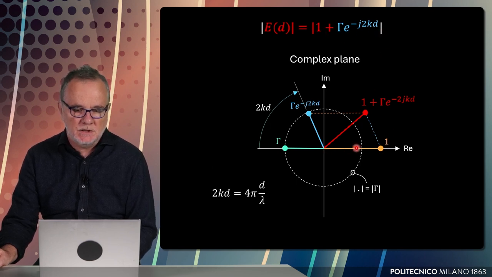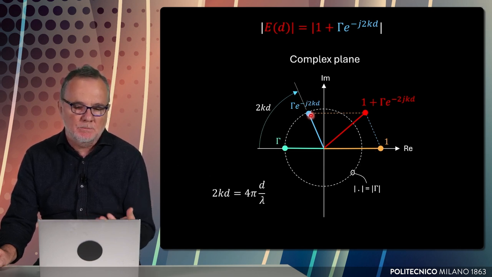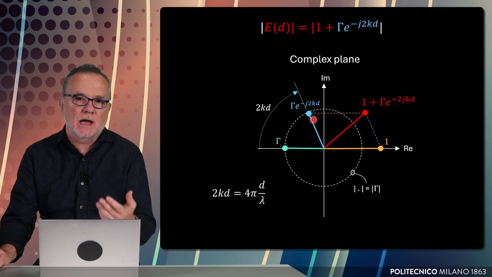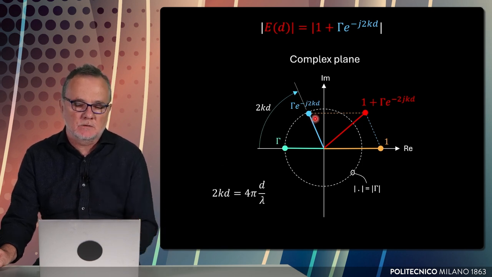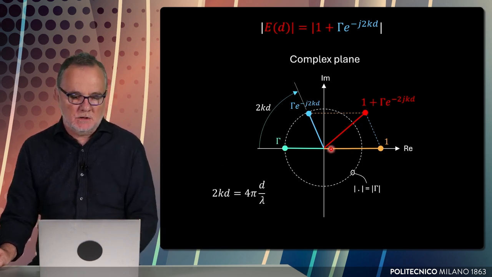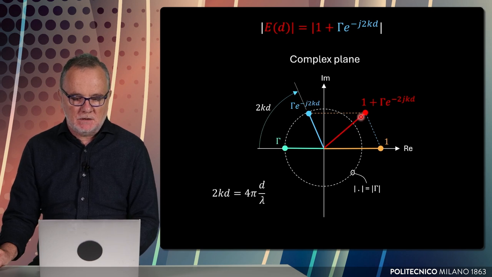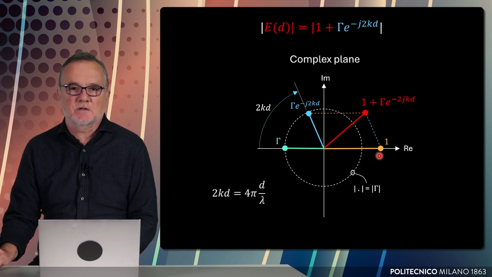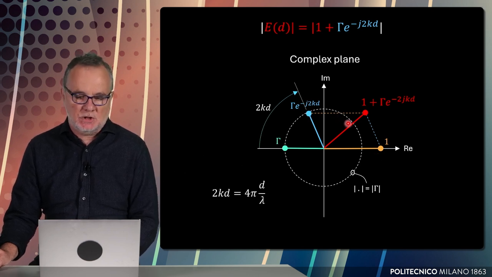As you see, we have this complex number, and we add the two by the parallelogram rule. They add as if they were two vectors in real space, and the sum is this one. As you see, the amplitude of the sum depends on d: one never changes, but this does change, it moves, so that this amplitude does change as a function of d.